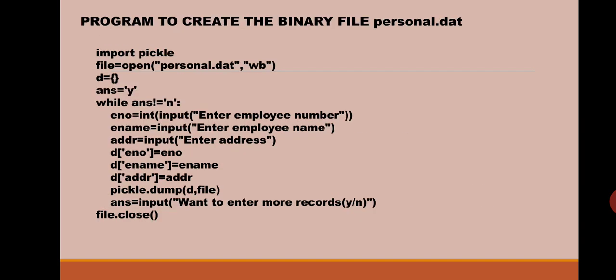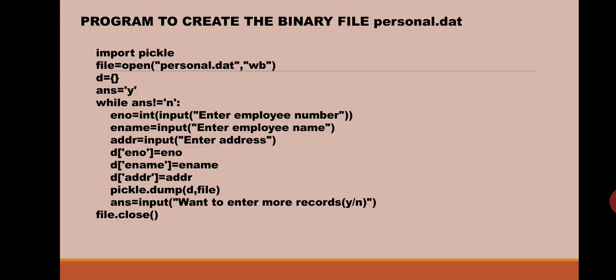Now for this we require the files personal.dat and salary.dat to be created. Right. As we know, for a binary file we cannot create the file in notepad just as we create a text file. So I have written the program to create the file personal.dat. The pickle module is imported, then the file is opened in writing mode, and then a loop is started till the user wishes, right?